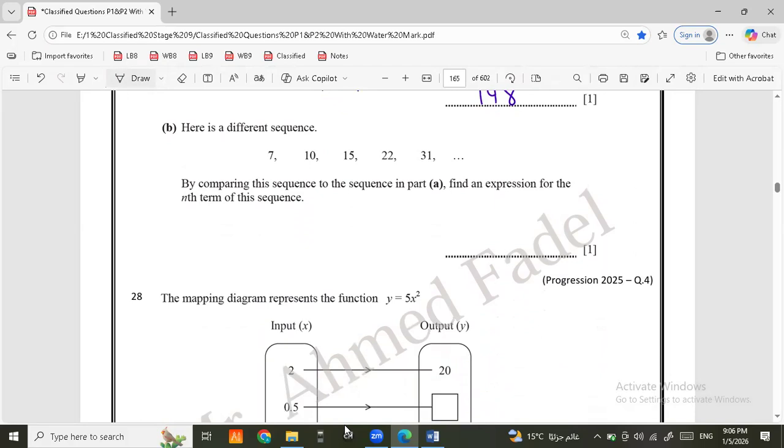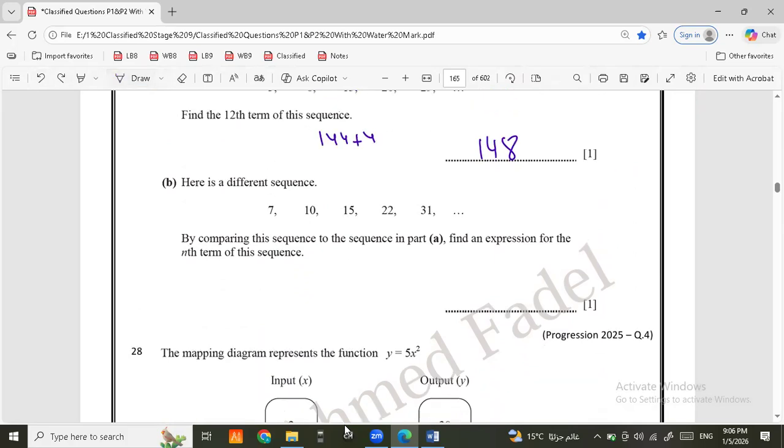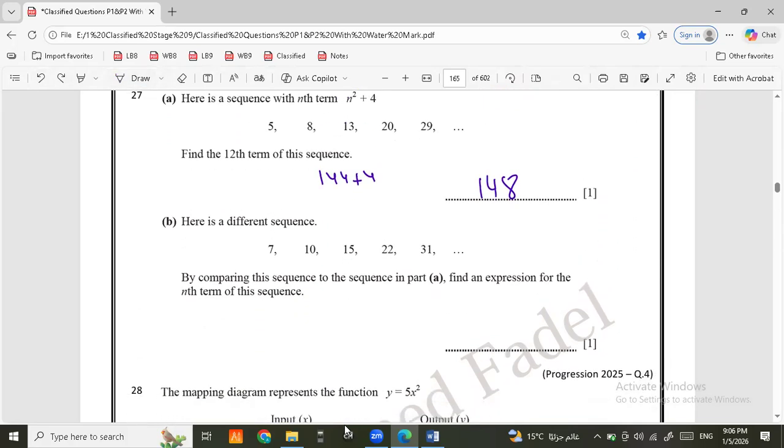Here is a different sequence. By comparing this sequence to the sequence in part A, find an expression for the nth term of this sequence. All right, so they wanted the nth term.